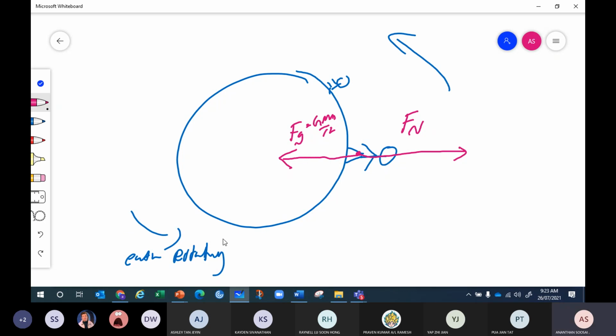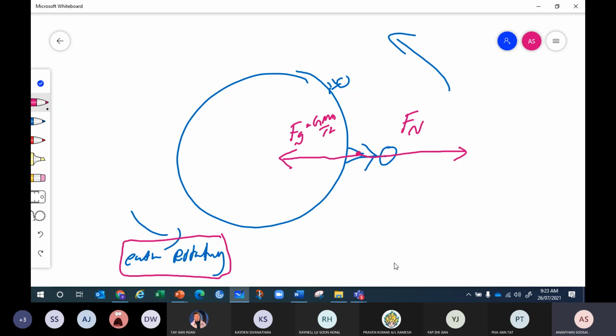Now if you consider the Earth's rotation, you are acted upon by a balanced force or an unbalanced force? Janyon, what do you think? Unbalanced. Unbalanced force, good.